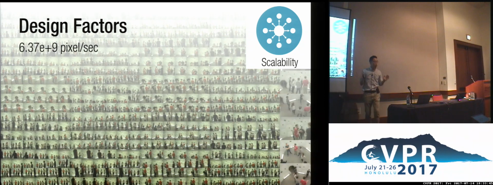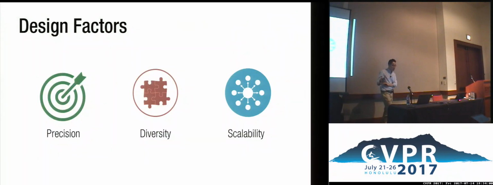Imagine, this is a huge number. Without any data management plan or computational plan, it is almost impossible to fully leverage multi-view systems. So precision, diversity, and scalability are the key design factors that will recur throughout our tutorial.